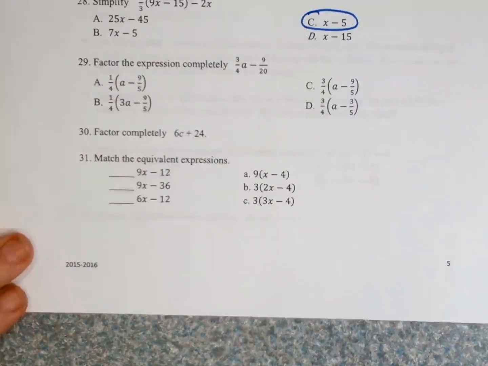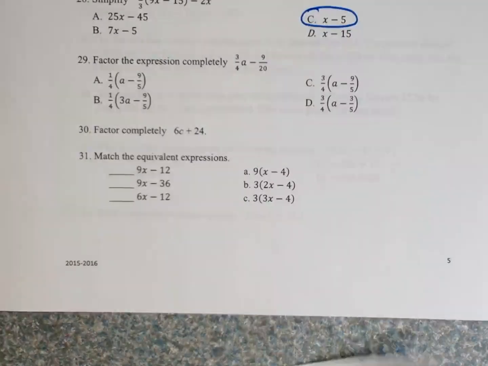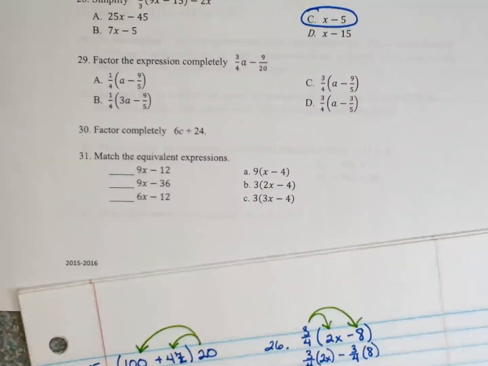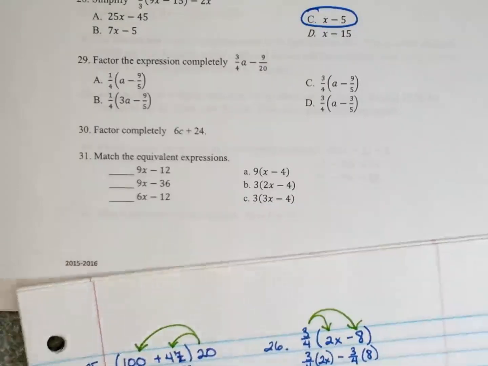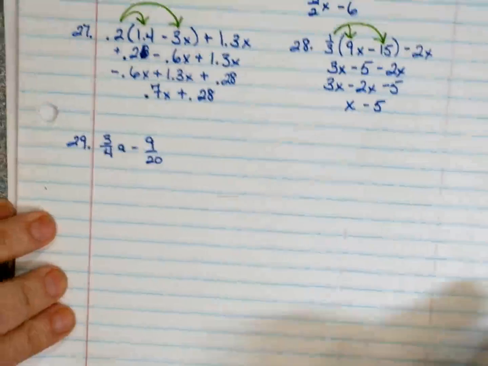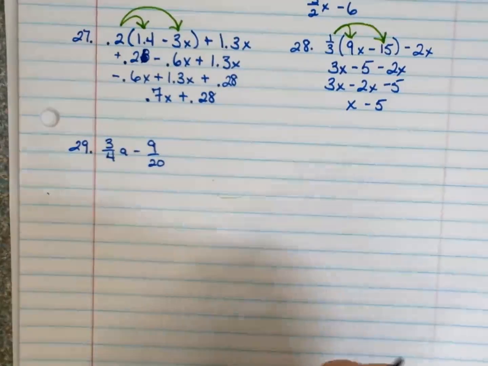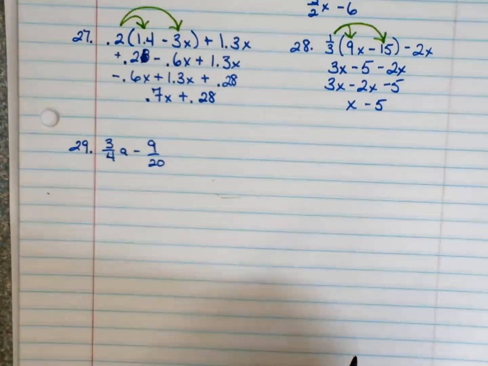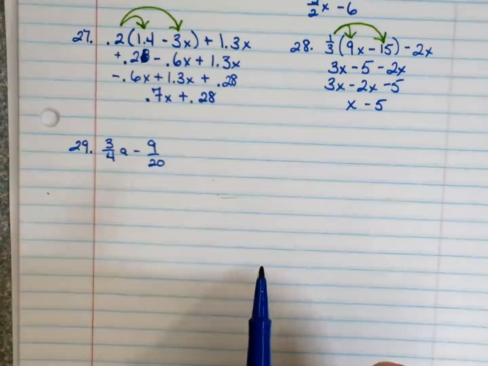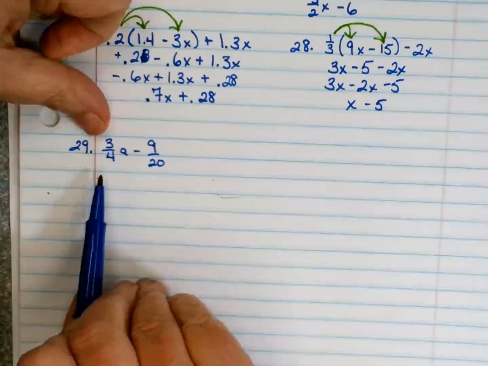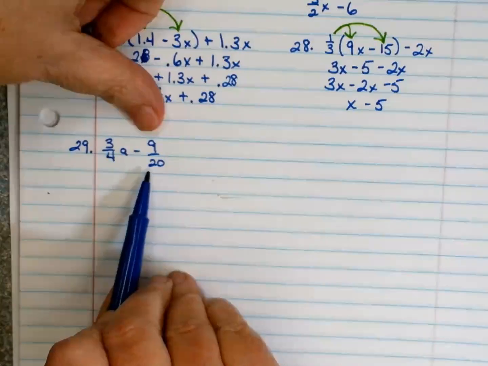Okay, number 29. It wants me to factor completely 3/4 A minus 9/20. Okay, so I'm going to do this one on the notebook paper too. Remember, when we factor something out, we have to find the greatest common factor between them. So I have 3/4 and I have 9/20.